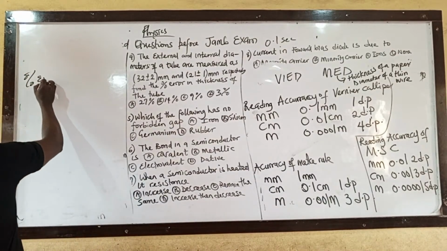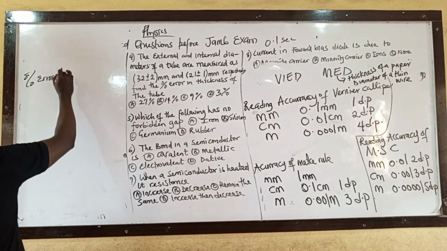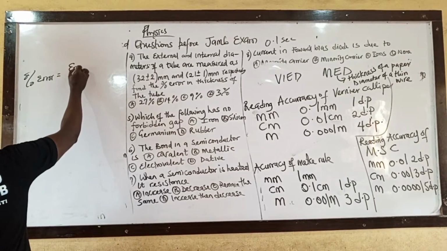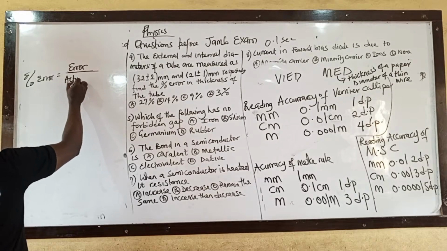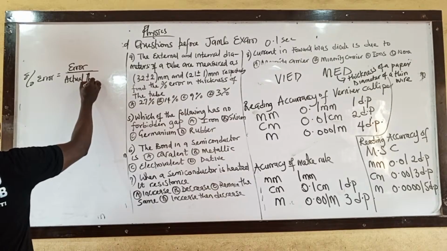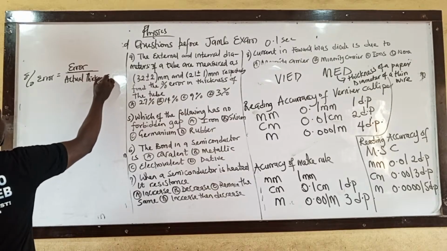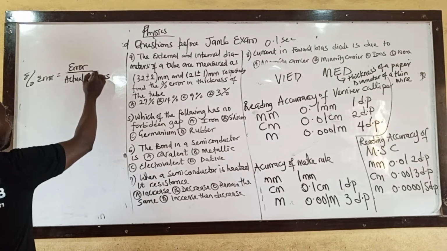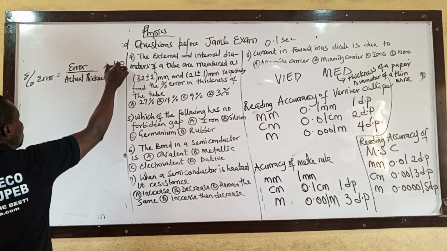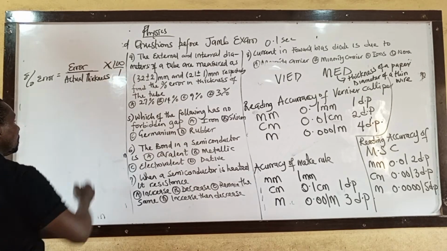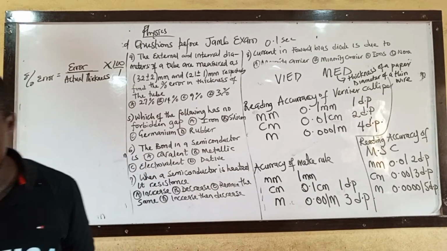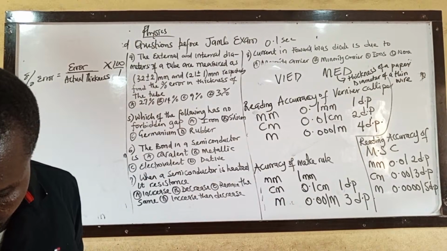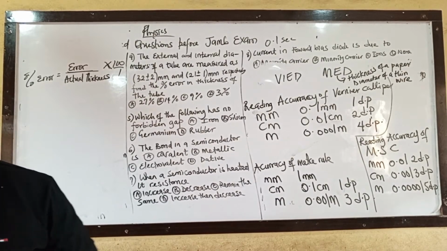Percentage error equals the error over the actual thickness or actual measurement of the substance or of the material times 100 over 1. Take note of that. Write that down.